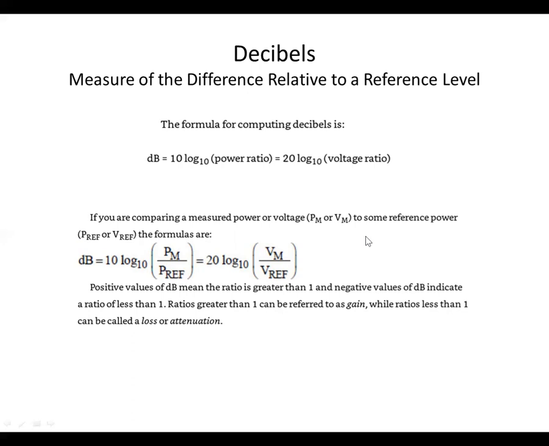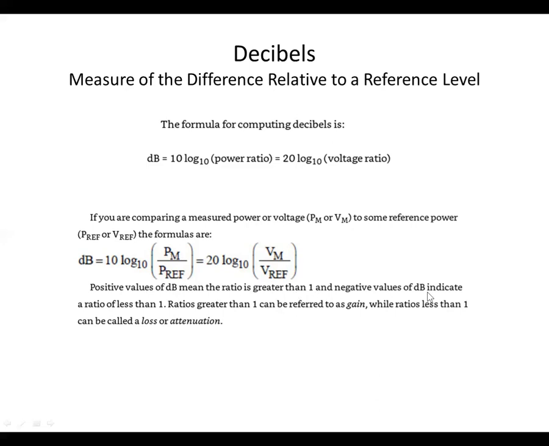So if you're comparing the measured power or voltage to some reference, then the decibels can be found by either of these formulas, depending on whether you're measuring power or voltage. Now, there are just some things you need to remember about this rather than formulas. Positive values of decibels mean the ratio is greater than 1, or you have gain.